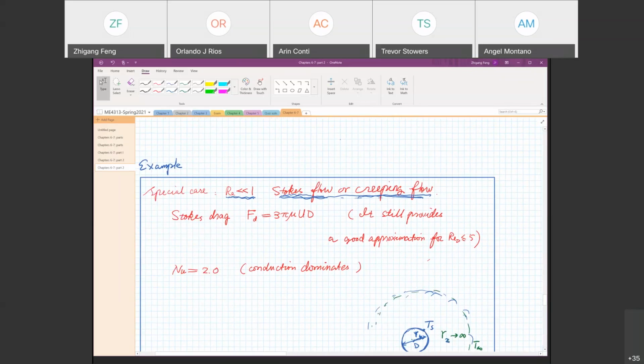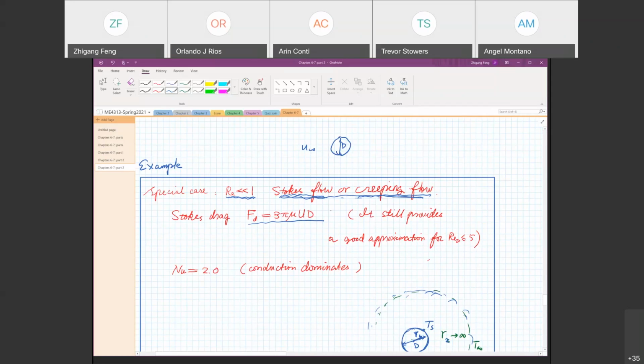And the drag. So we have a sphere with diameter d, with a flow slowly passing this sphere. The drag can be determined by the Stokes drag, 3 pi multiplied by mu of the fluid, multiplied by u of the flow velocity, multiplied by the diameter of the sphere. So that's the Stokes drag.